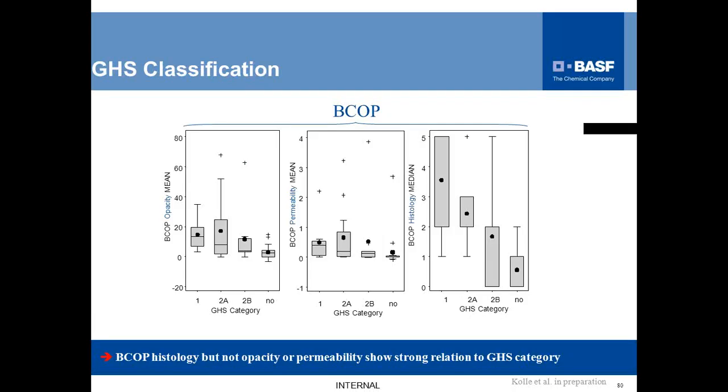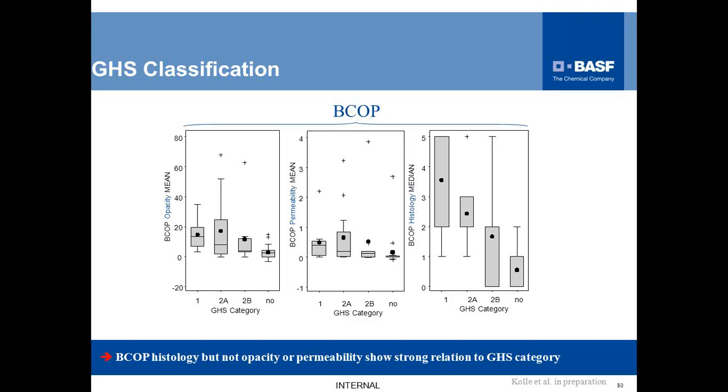To end this presentation, I have summarized here the BCOP data on the 50 formulations. These are box plots, giving us an interpretation of how predictive a single endpoint of the BCOP is. Again, we can see here that there is no clear correlation of the opacity value to the GHS category.